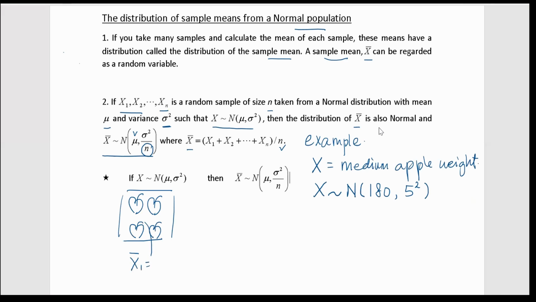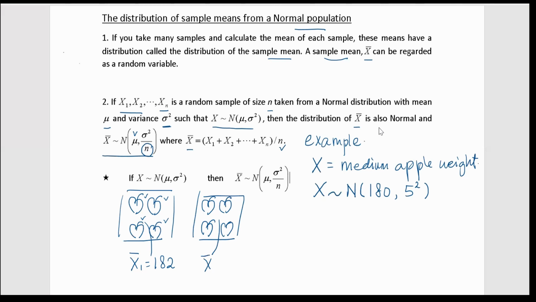Isn't it, we are taking x1, x2, x3 plus x4 and dividing by 4, right? That is how we get the mean. And let's say the value is found to be 182 grams. Now I'm taking another sample of 4 medium-sized apples, and looking for the mean of these 4 apples.